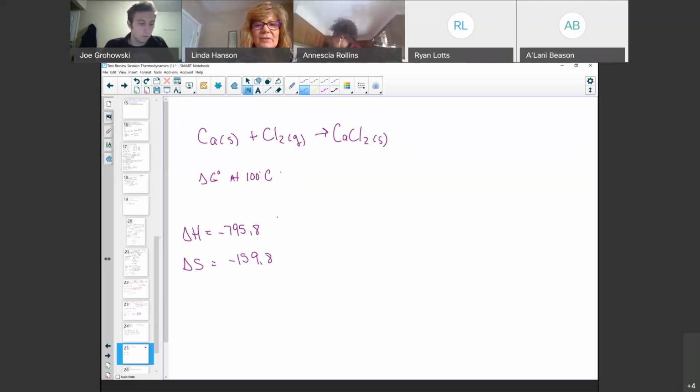I think I have that. So this is what we're being asked to solve for: delta G at 100 degrees for the formation of this from its elements.